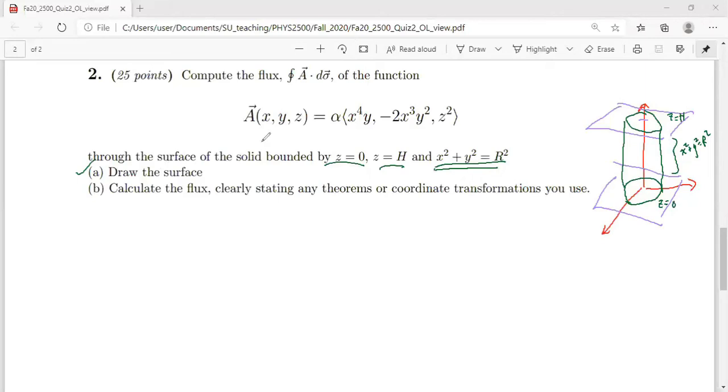So there are two ways of calculating the flux. You could do it directly. You would have 3 different surfaces, and I have a specification in rectangular coordinates, but I probably don't want to use rectangular coordinates because clearly this is a cylinder.